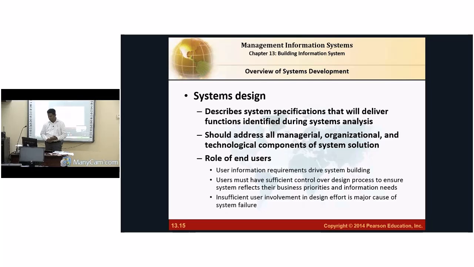Then insufficient user involvement in design effort may be a major cause of system failure. So when the end users are not getting involved in the design process phase, what happens is you will end up with a product which might not be usable with the requirements of the end user, right?